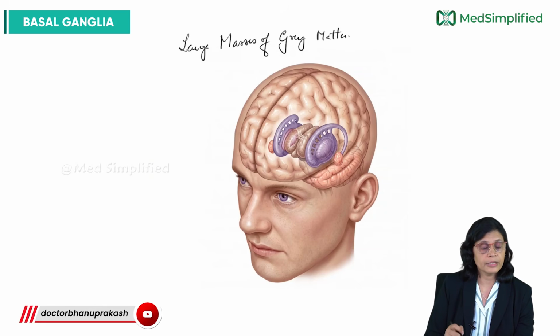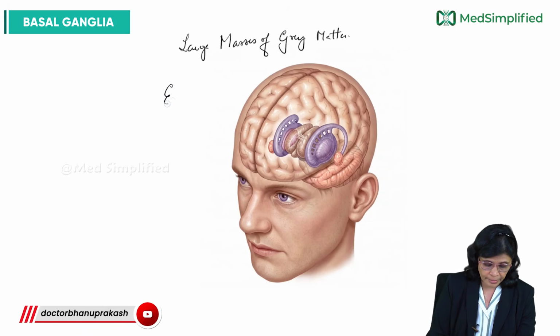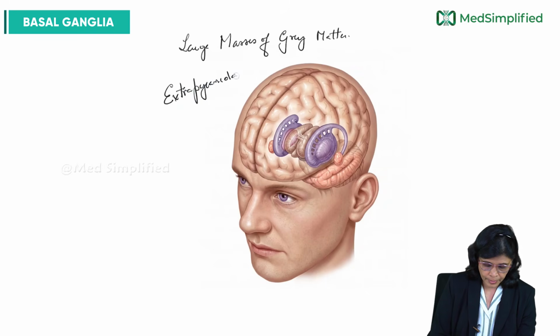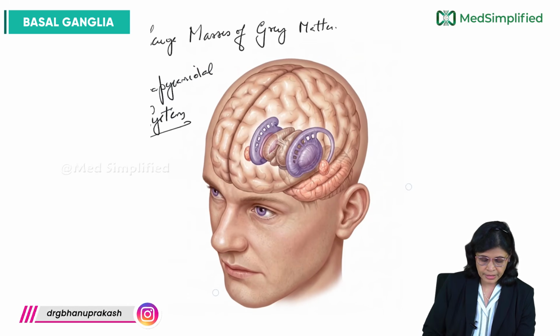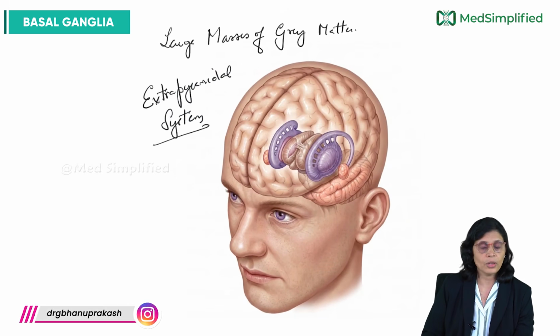They form an important component of the extrapyramidal system. These basal ganglia are now called basal nuclei, but both terms are still used.